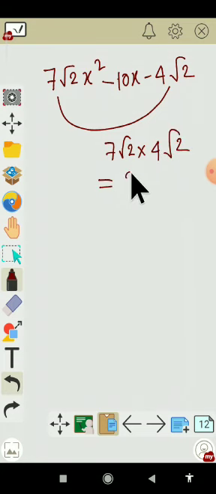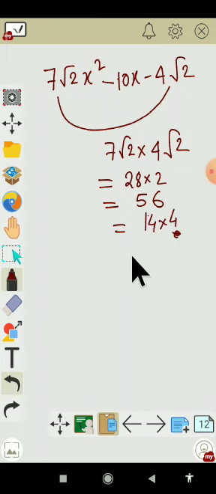So if you multiply, you will get 7 root 2 into 4 root 2, that means 56. So you have to write 56 as a multiplication of two numbers such that their subtraction will be 10. So 14 into 4 is 56, and you will see that 14 minus 4 is giving 10.